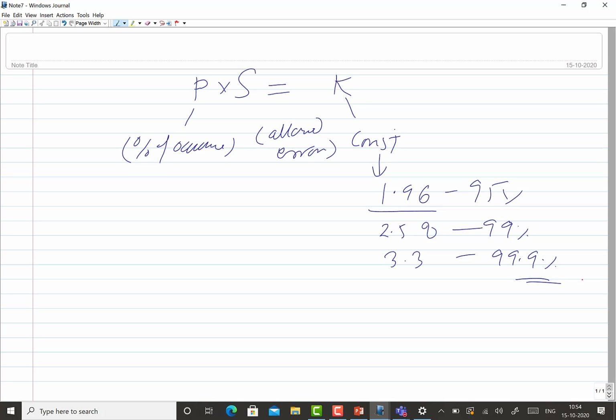So this is the constant value depending upon the confidence level that we are looking for.